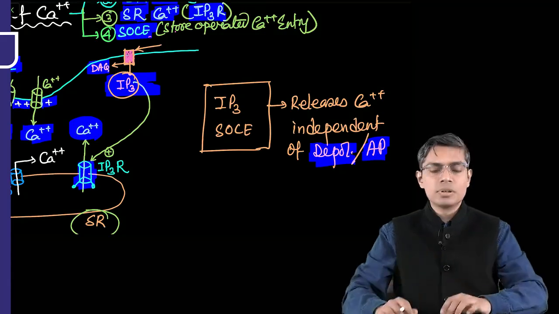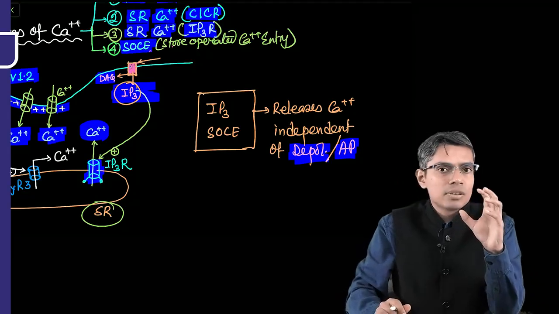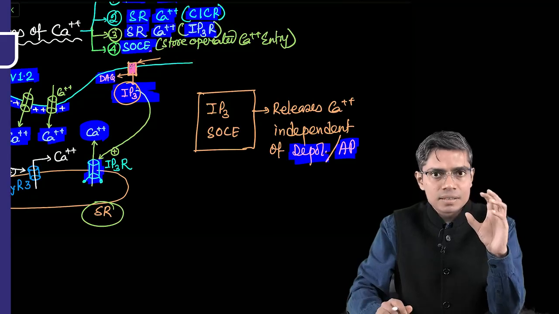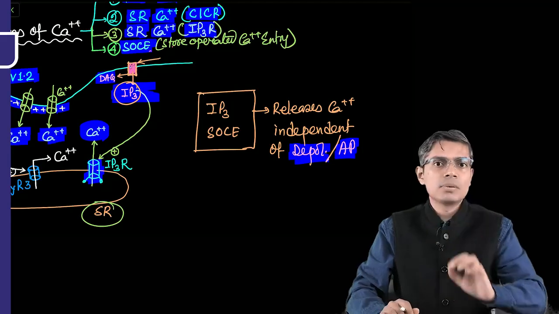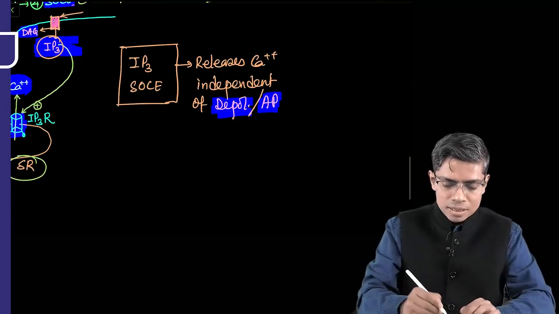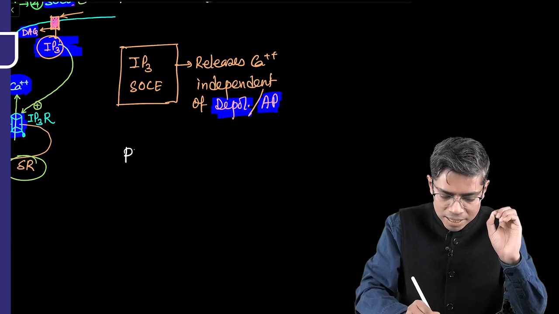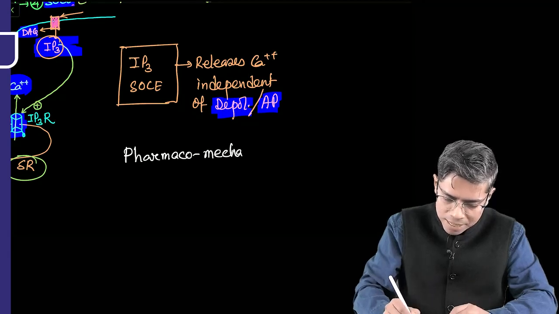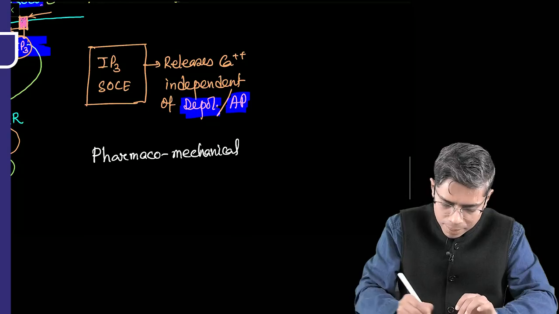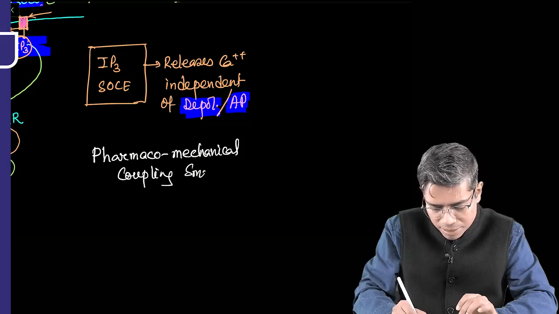That's why you have to remember that in the case of certain pharmacological agents, certain drugs, contraction of the smooth muscle is possible without any depolarization. This is known as pharmacomechanical coupling of smooth muscle. Getting my point?